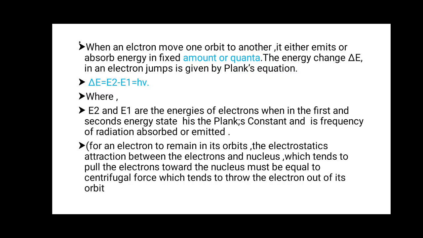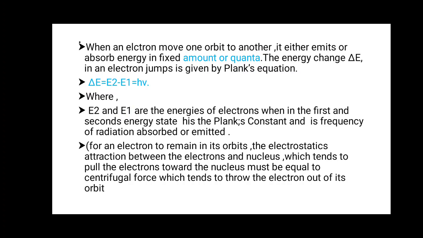E2 is the second energy state, whereas E1 is the first energy state. h is Planck's constant and nu is the frequency of radiation absorbed or emitted. E1 and E2 are energy levels.